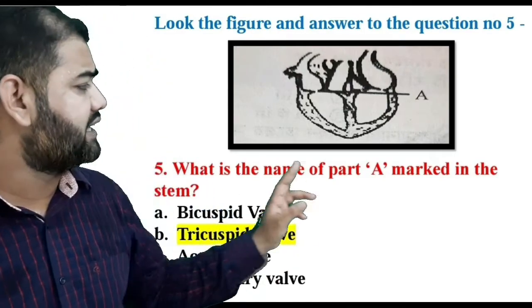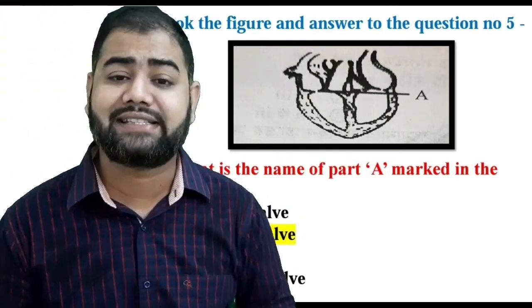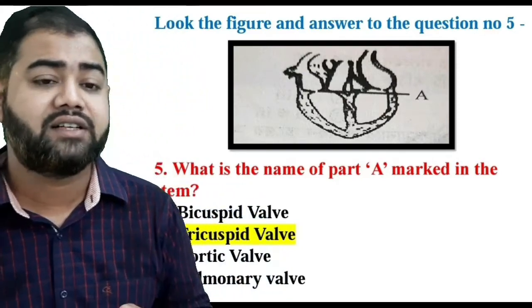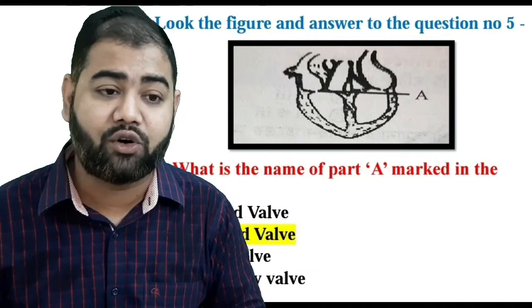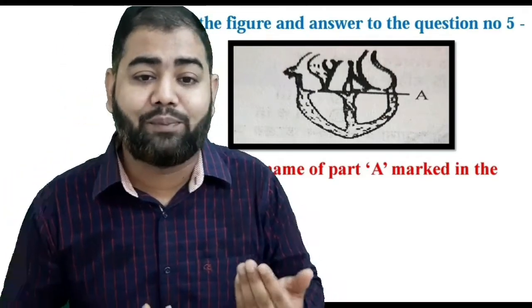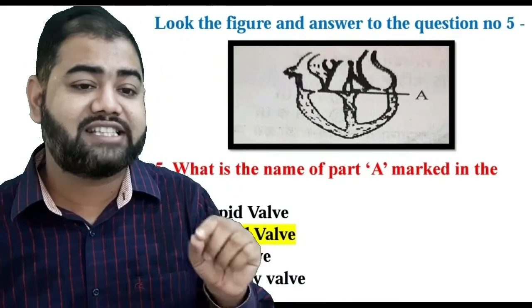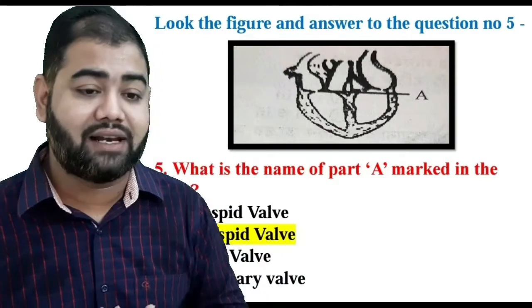Option C, aortic valve. The aortic valve is a semilunar valve in the heart between the left ventricle and the systemic aorta, and this valve lets blood flow from the left ventricle to the systemic aorta. And the last one, pulmonary valve.